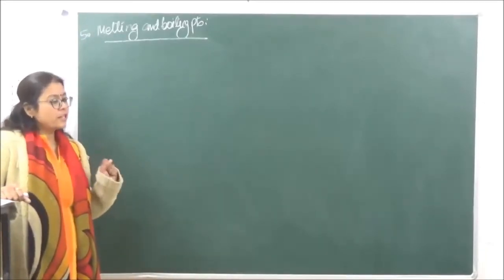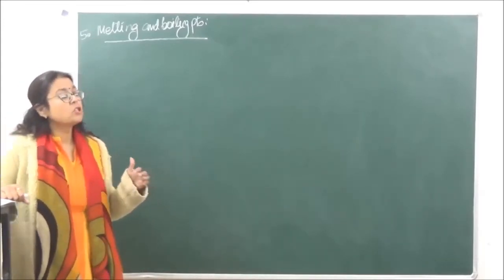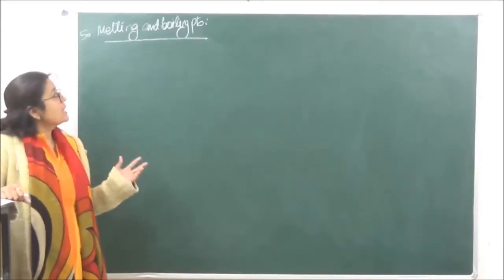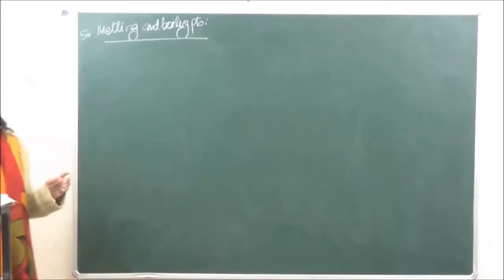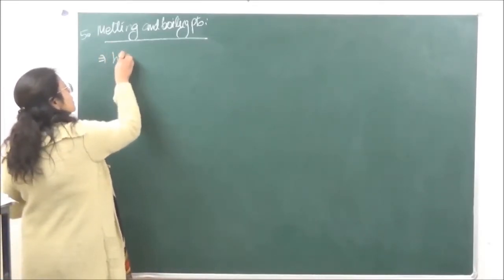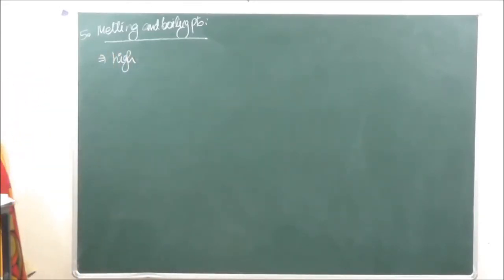Because the forces of attraction between these are covalent, so we say that they have strong forces of attraction with respect to S. So as a result of that, it is seen that they have high melting and boiling points. The melting and boiling points are going to be high.